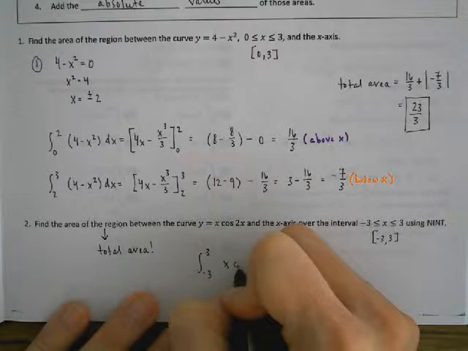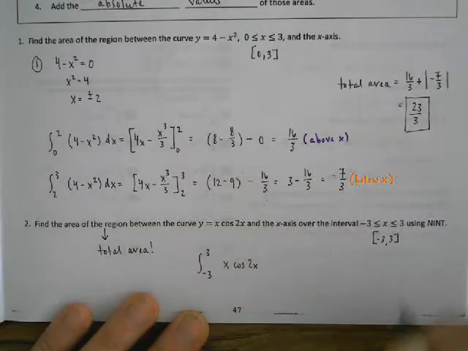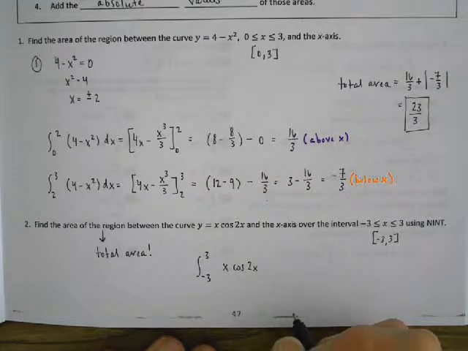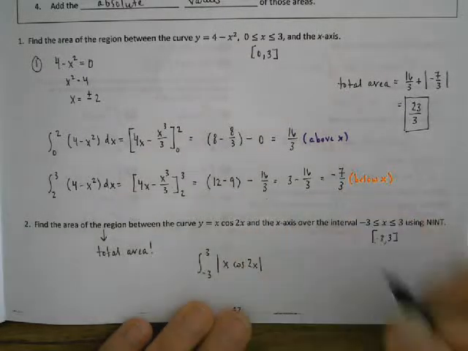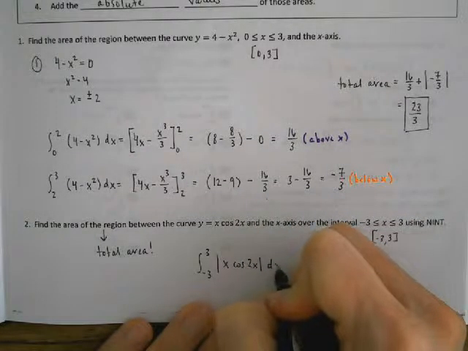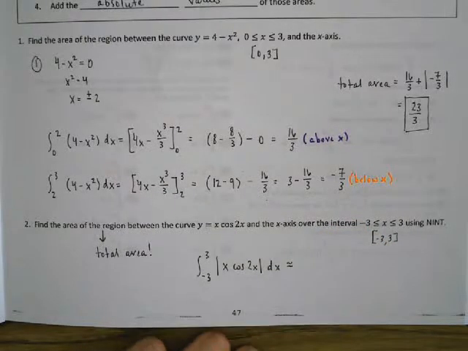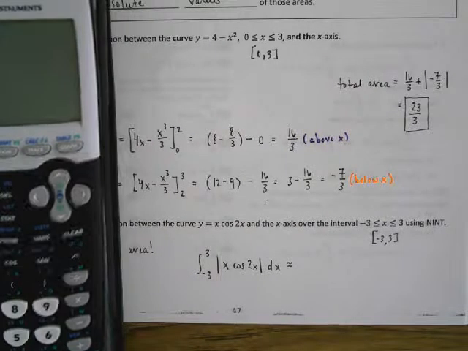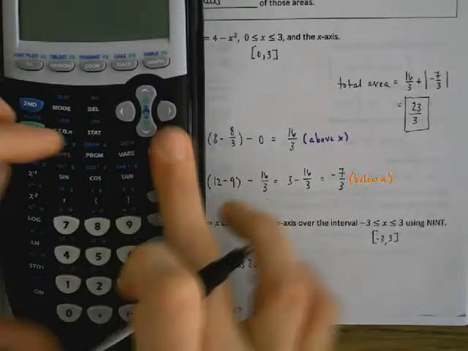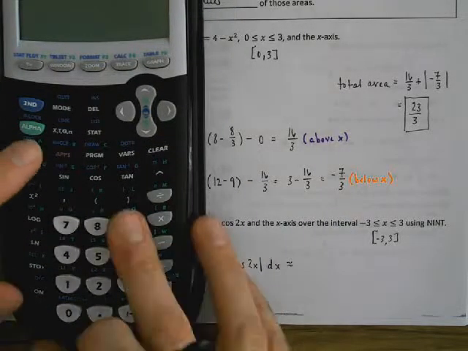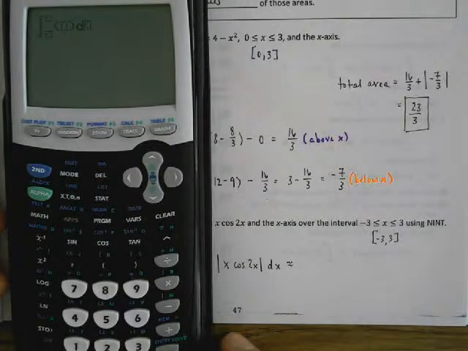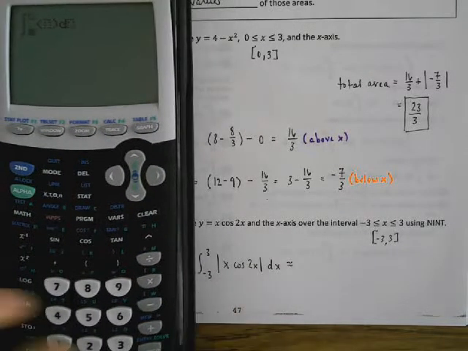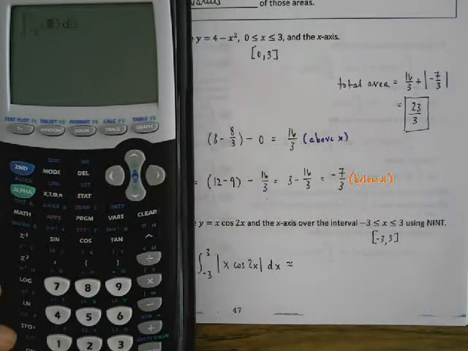My function is x times cosine of 2x, but since I want to make all of the area positive, we're just going to integrate the absolute value. Then we're going to use our calculator to do that. So I go to my calculator and press math. Math 9 is going to give me my fnInt. I'm going from negative 3 to 3.